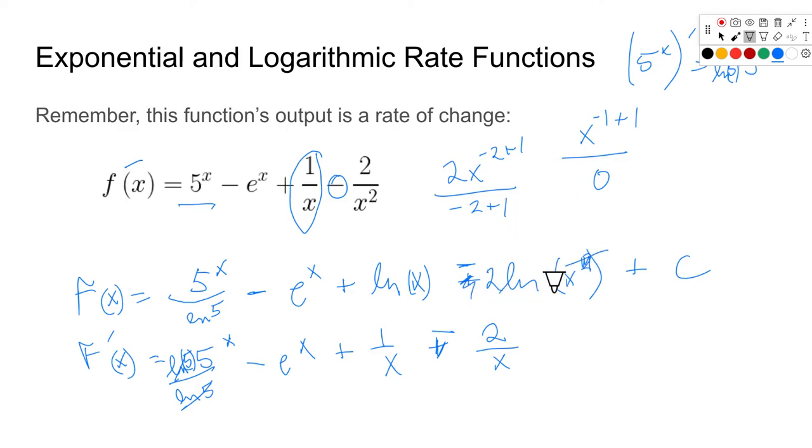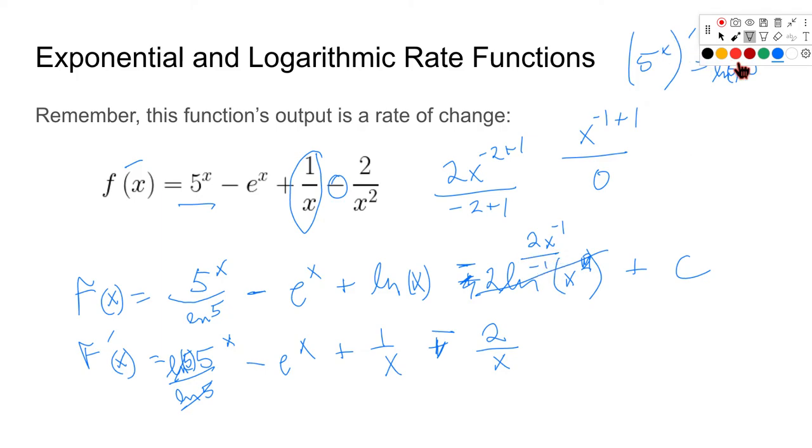So I'm going to cross this out. I don't want to erase it. If I put this in, that's going to give me 2x to the minus 1 divided by, what's that, minus 1, right? Let's see if I get that right. 2x to the minus 1 divided by minus 1.